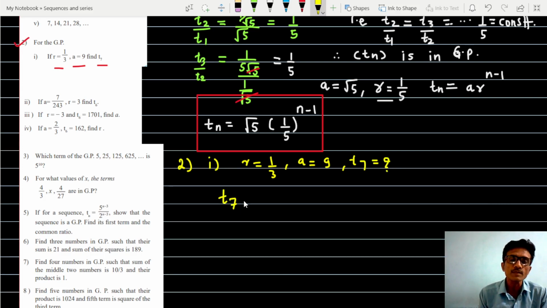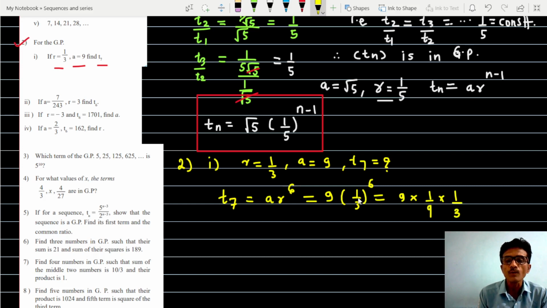So T7 is given by A R raised to power 7 minus 1, that is 6. What is our A? 9. And R is 1 upon 3 raised to power 6. You can write it as 9 into 1 upon 9 into 1 upon 3.